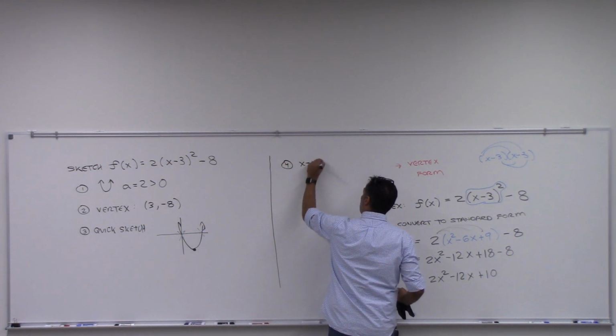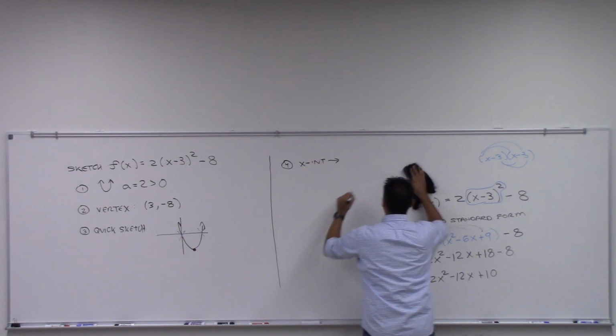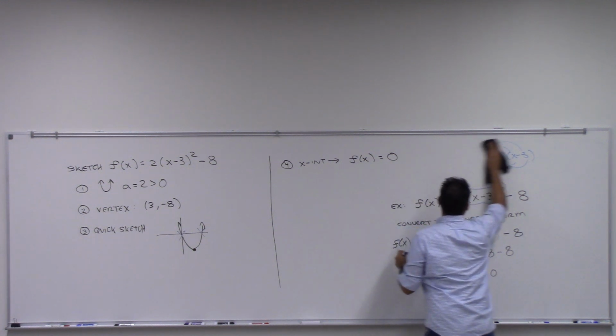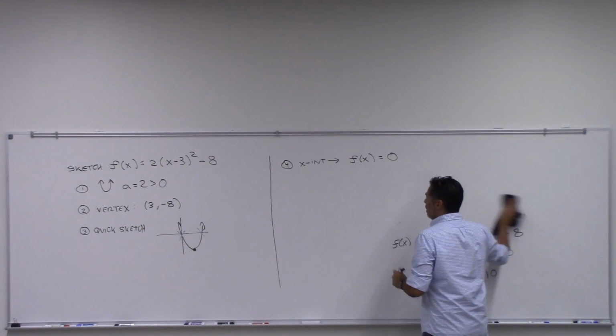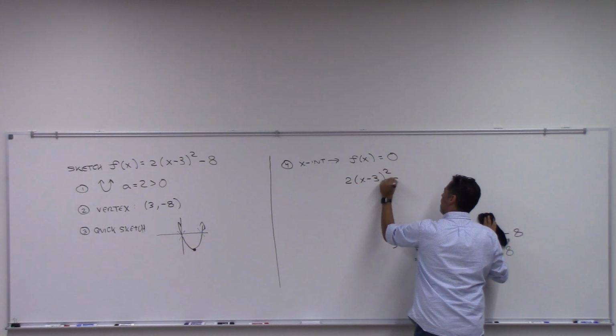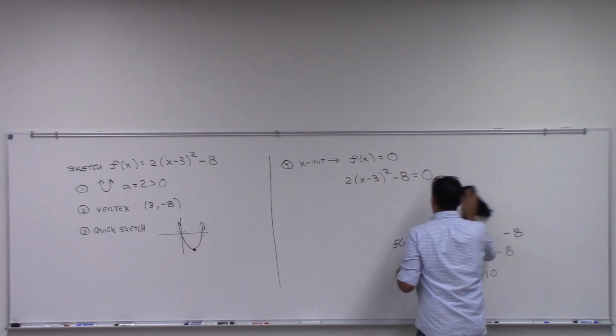To find the x-intercepts, we always set the function equal to 0, right? Not plugging in 0, setting it equal to 0. So I need to set 2 times x minus 3 squared minus 8 equal to 0.